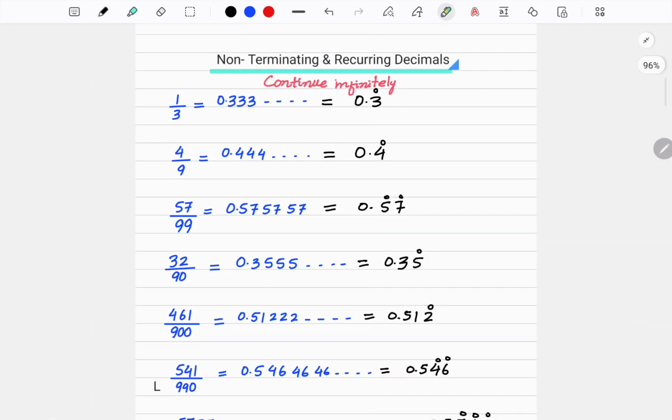Now you all know what non-terminating and recurring decimals are. Those fractions whose decimals repeat are known as recurring decimals, as 0.3333 is never ending.